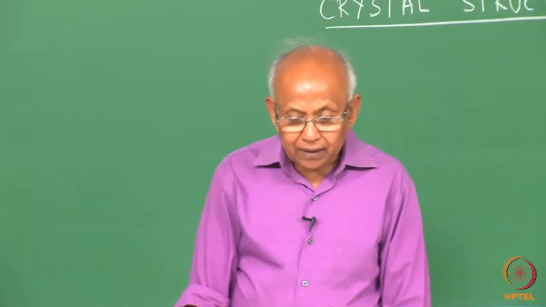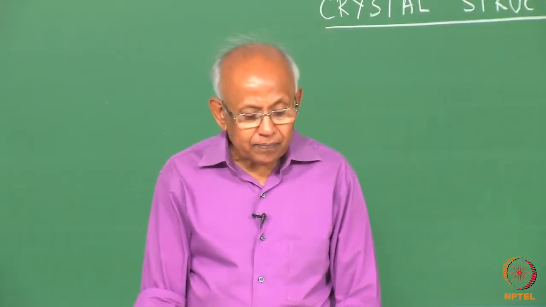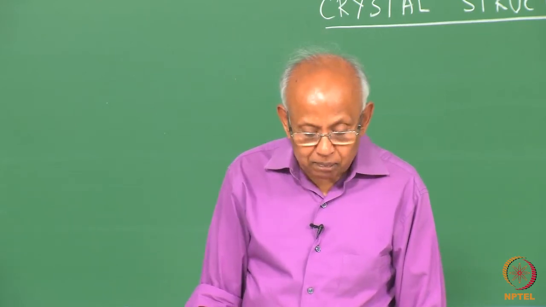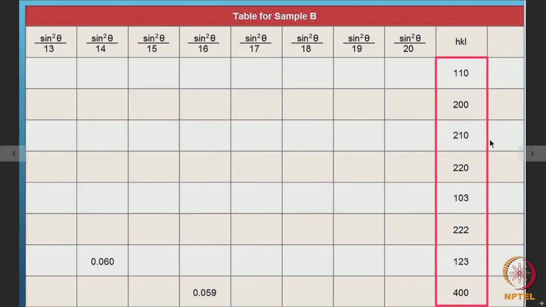system, and in a manner which has already been described for the previous pattern, we can immediately write down the corresponding HKL values from the h square plus k square plus l square values for each and every line. And what we find here, the HKL values are such that H plus K plus L is an even quantity.